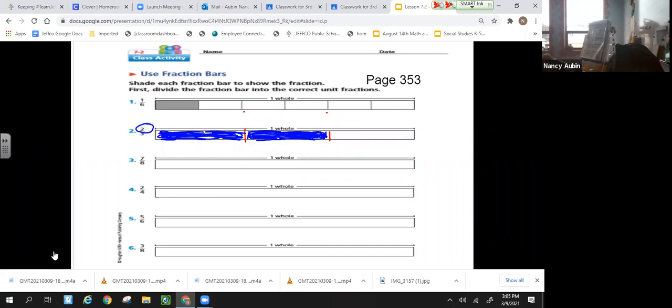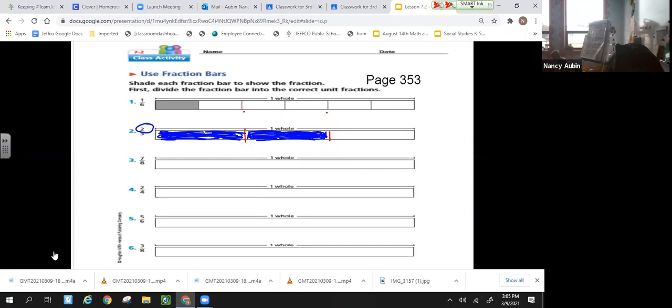So remember, we heard from Lyric. She said to get 8ths, you have to divide it in half. Divide it in half again to get 4ths. Divide it in half again to get 8ths, because 4 times 2 is 8. So let's do it. You kind of have to eyeball it.